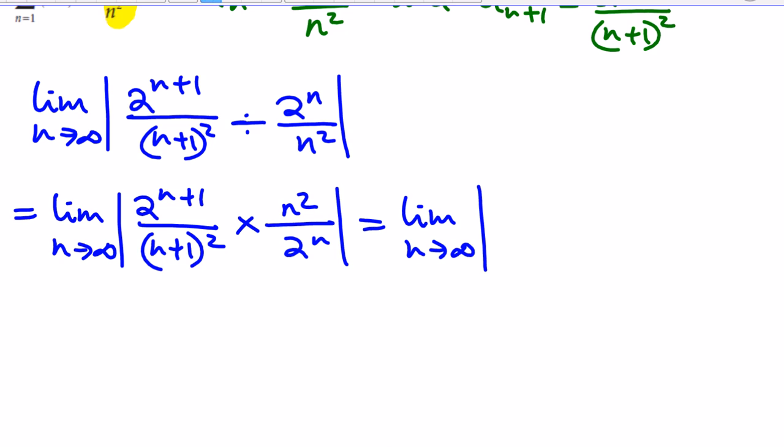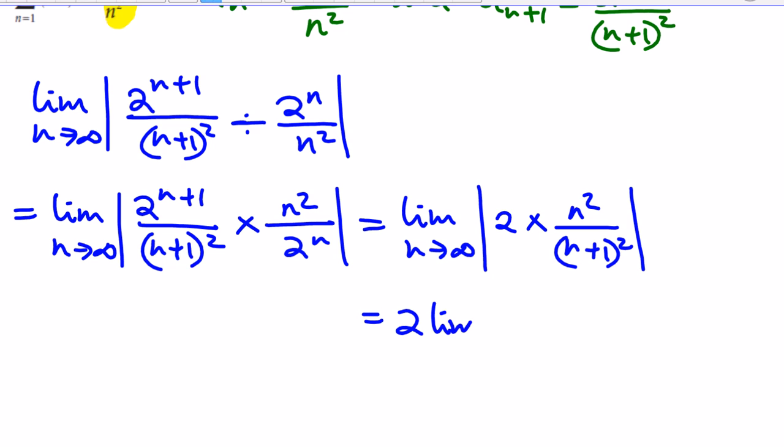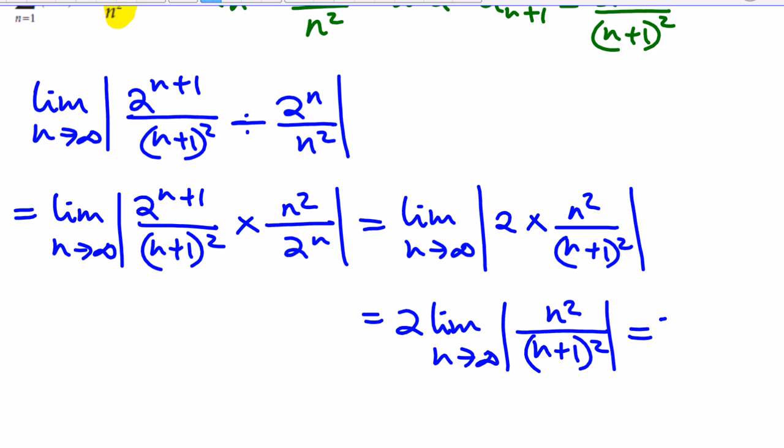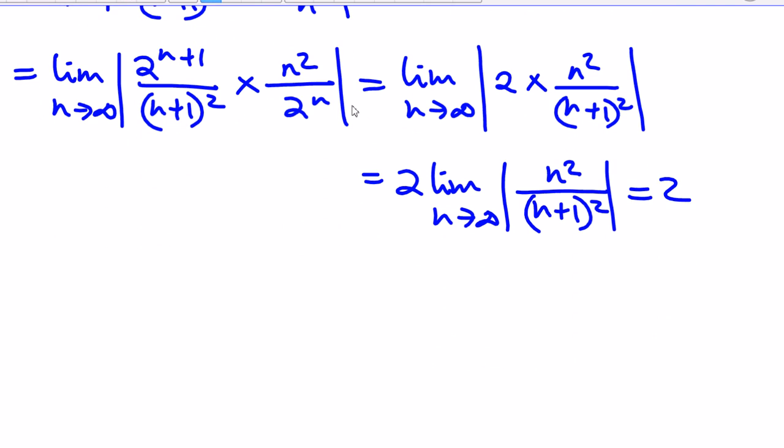I'll take a shortcut here. This will be the limit of 2 multiplied by n squared over (n+1) squared, which is 2 times the limit as n approaches infinity of n squared over (n+1) squared, and which is equal to 2 by L'Hopital's rule, all right?